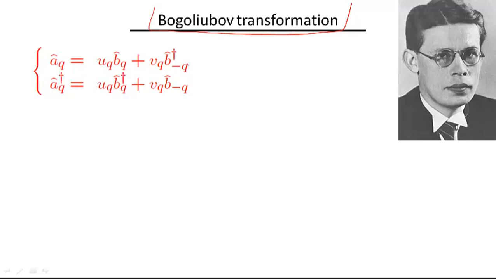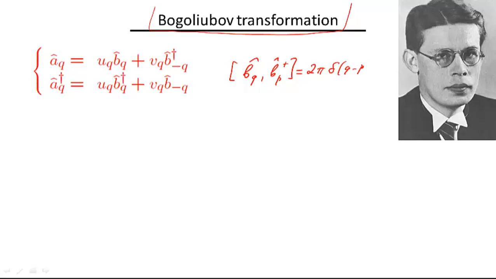I can call them such, but this should have a precise mathematical meaning. The commutator of b of q and b of p dagger should be 0 if q is not equal to p, and a delta function otherwise, so infinite in some sense.